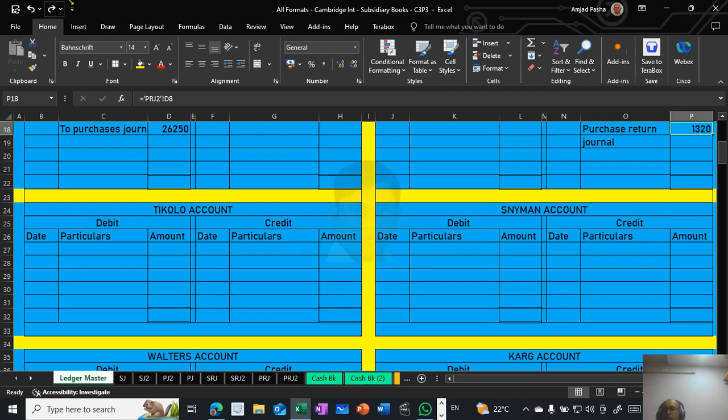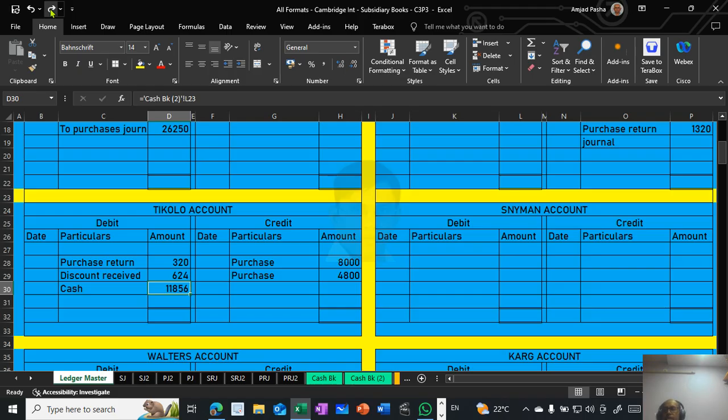So Ticolo, we have purchased from Ticolo and there was a purchase return of 320, and we have received a discount and ultimately we have paid. So this is how we have to record, seeing the debit side, credit side very carefully.